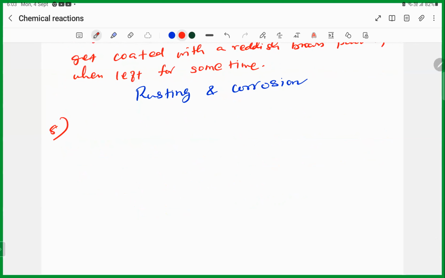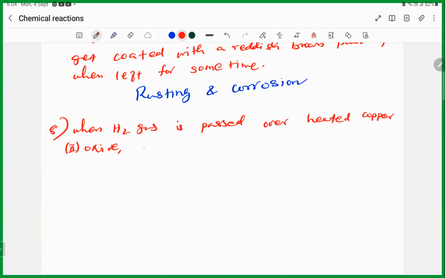When hydrogen gas is passed over heated copper 2 oxide, copper and steam are formed.